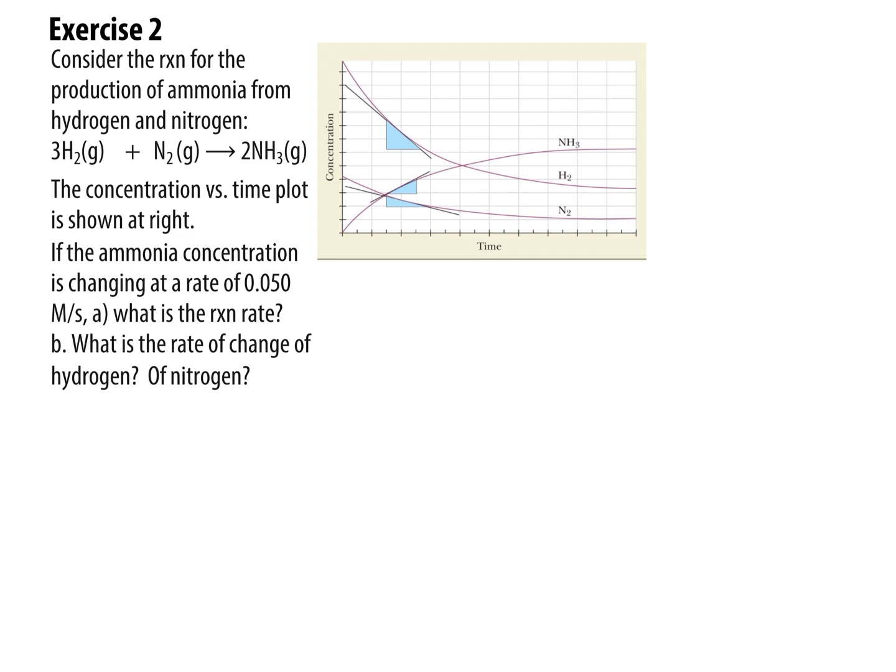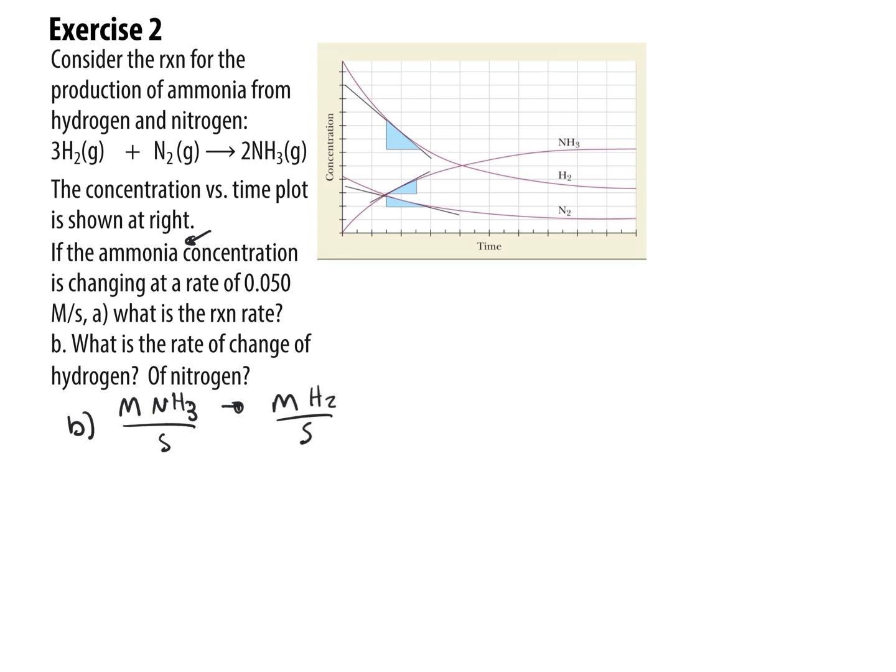So again, I have the ammonia concentration changing at 0.050 molar per second. So for B, the rate of change of hydrogen. In this case, I want to convert from molar of ammonia, which is NH3, per second, to molar of H2 per second.